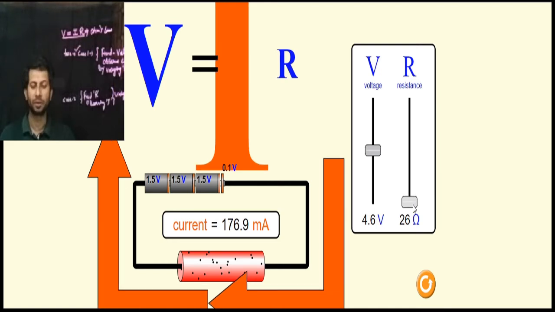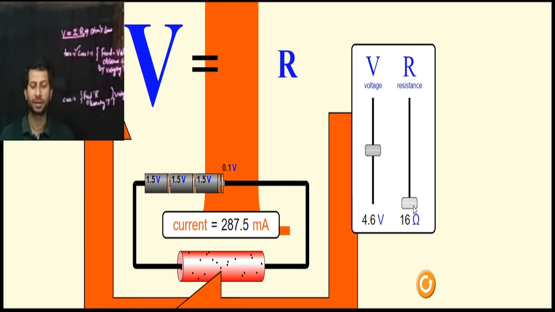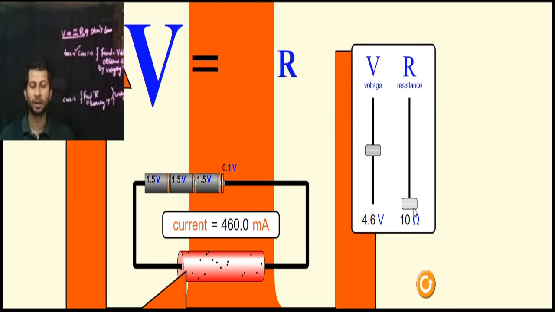The current becomes extremely high, and if we keep this resistance as low as 10 ohm, then the value of the current in this circuit is 460 milliampere.